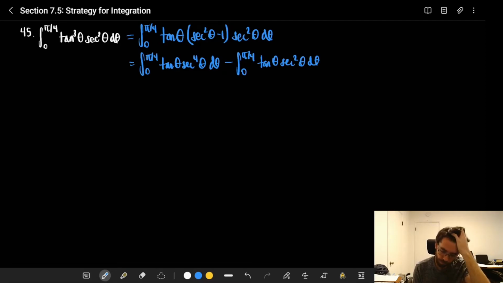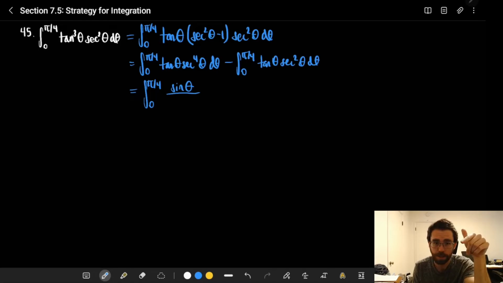So what I would do is write everything in terms of sine and cosine. Tangent is sine over cosine, secant's 1 over cosine. So this is sine. That comes from the tangent. And then we have a cosine on the bottom from the tangent and 4 cosines, so in total 5 from everything else. That looks like a u sub. And the other one also looks like a u sub.